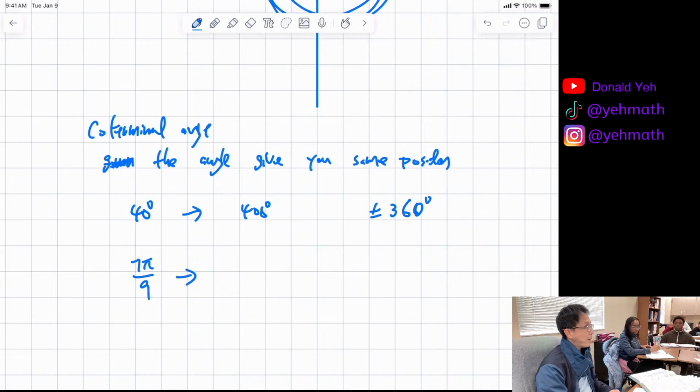So 7 pi over 9, can you think of one representation that's equal to 7 pi over 9? Cohen? Don't convert back to degrees. Think about it in terms of radians. Maybe Brendan knows? How do you do it without converting to degrees?